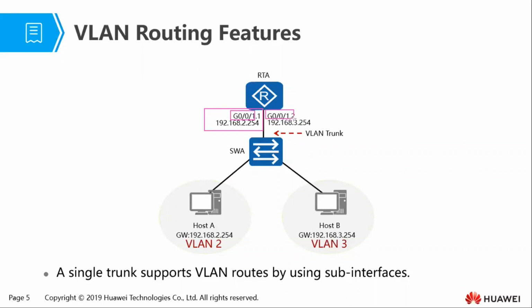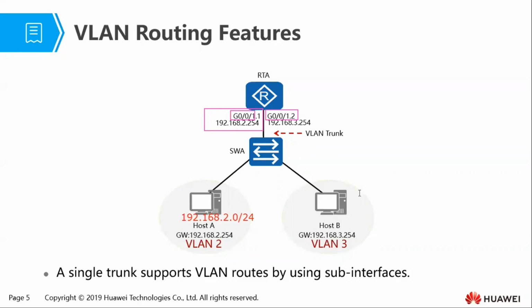Each of these sub-interfaces has to be assigned an IP address. As you can see, the network address for the devices on this VLAN here, they didn't write it, but it should be 192.168.2.0/24. So that is the 2.0/24 network.